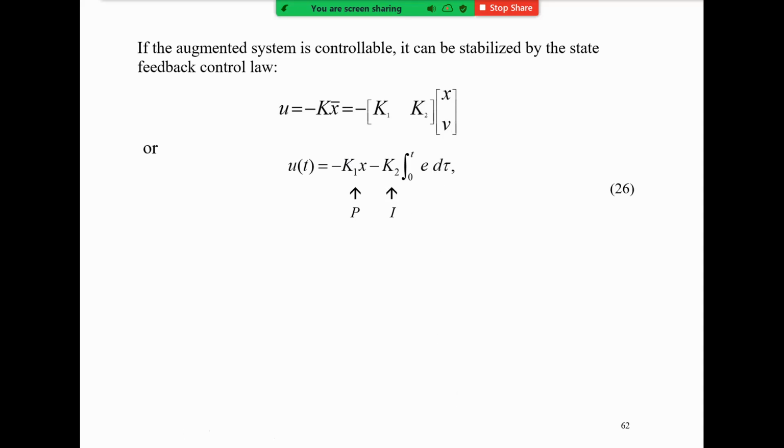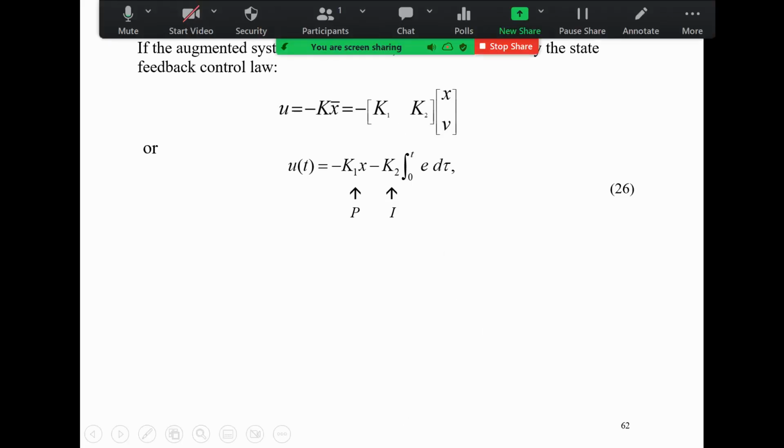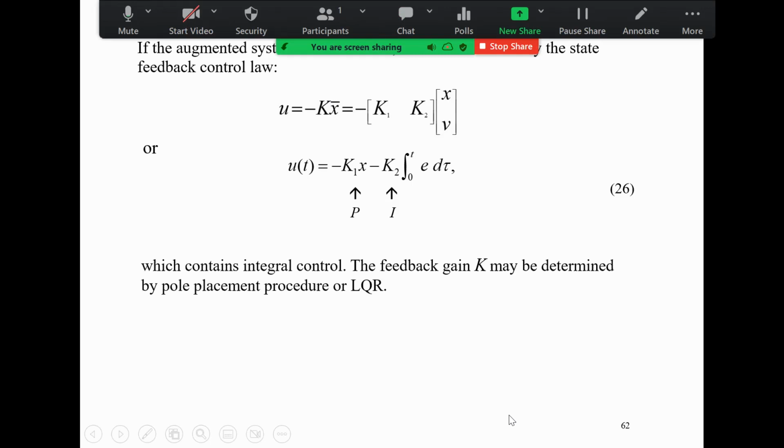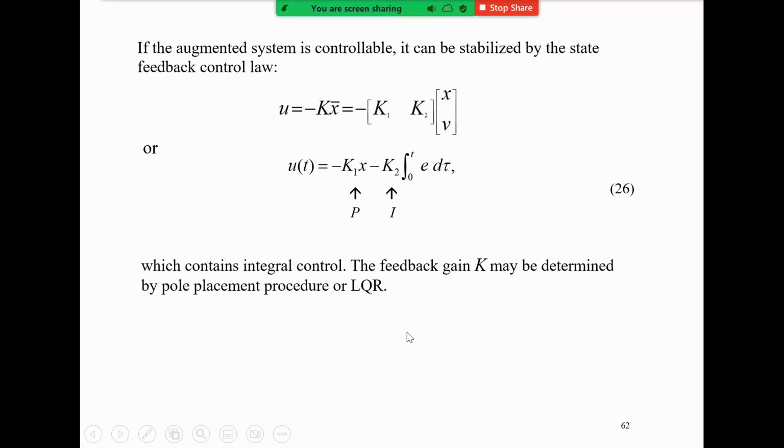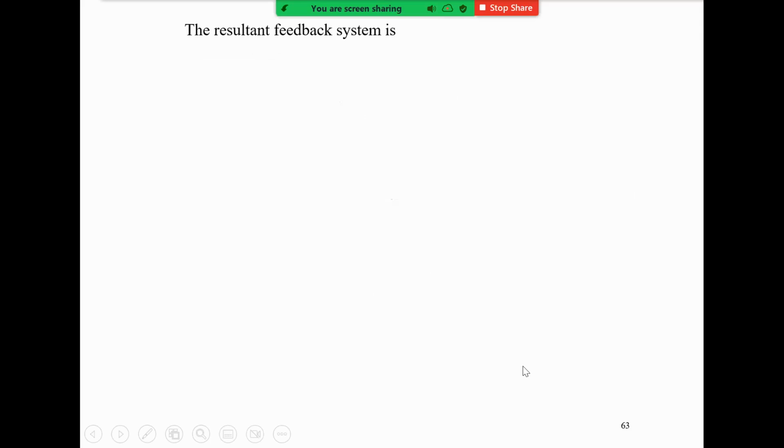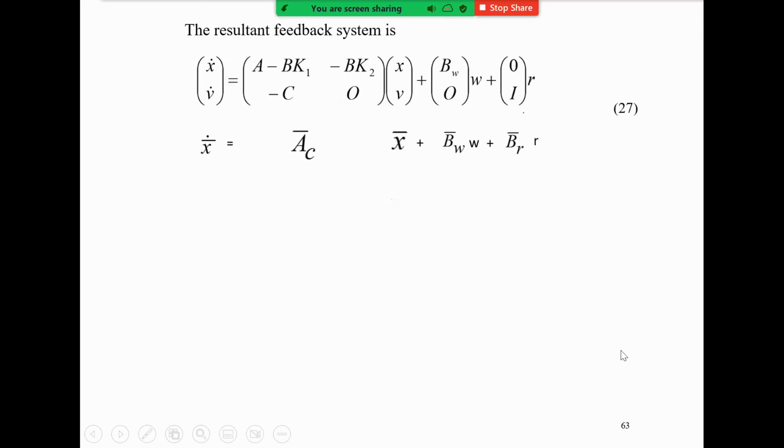But remember, we can always design this K to stabilize the whole system. So how are we going to compute this K? You can either use the pole placement, or you can use the LQR. Now, let's analyze the closed loop system.